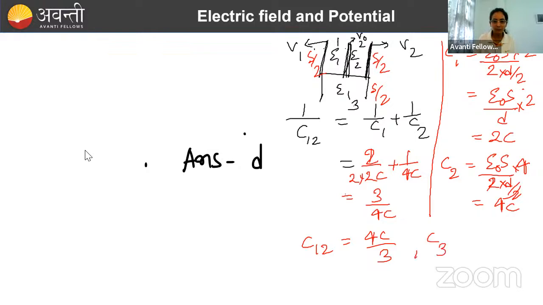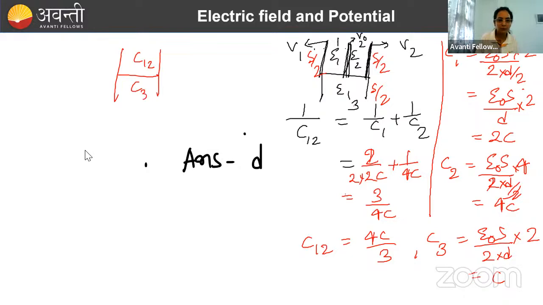Now let's see the value of C3. C3 can be written as epsilon naught S by 2 into D into the dielectric, epsilon 1 value is 2. So C3 is equal to C. Now this C12 and C3 are in parallel, because the potential difference across both is the same, V1 minus V2.